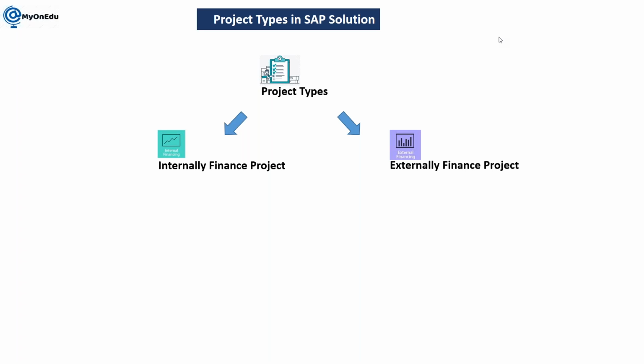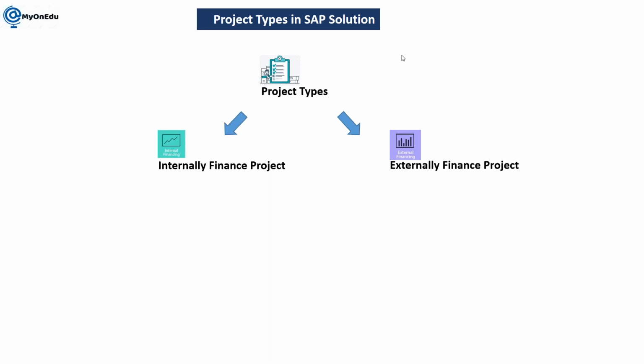Or when Godrej Properties is constructing a project based on the demand and requirement of customers directly, it will be an externally financed project. In India, whenever they launch a project, they start the sale at the same time. From that perspective, this is my customer project, not my investment project, because we are taking the finance from outsiders.